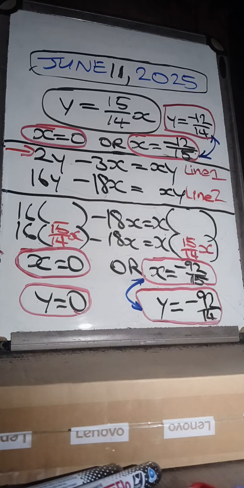And 14 times 15 is 210. 14 times 10 is 140, divide that by 2, you get 70. 140 plus 70 is 210. So therefore 14 times 15 is 210. That's what you would get if you were to multiply x by y.